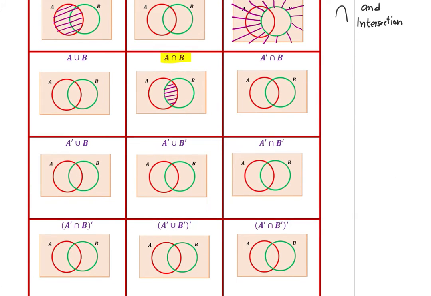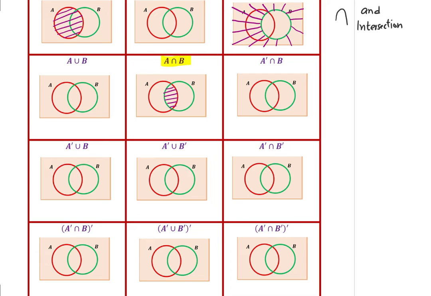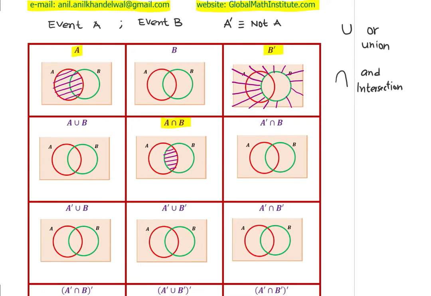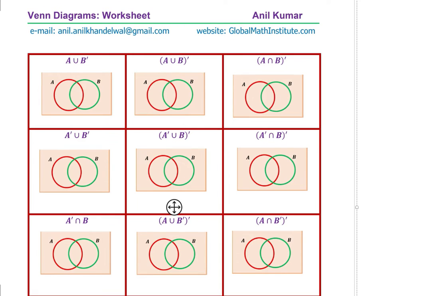I'm going to share with you many such questions in this particular video. So here is the very first page, which gives you a couple of Venn diagrams, and then we'll have slightly more difficult ones where we will also look into complement of complement.